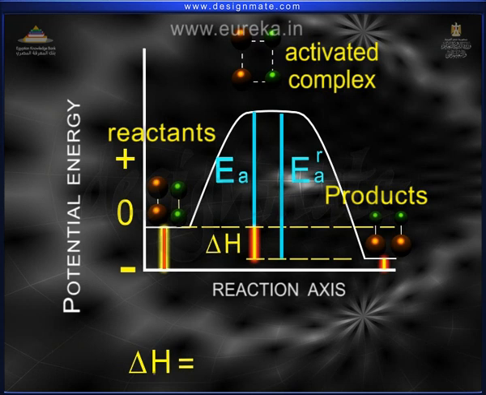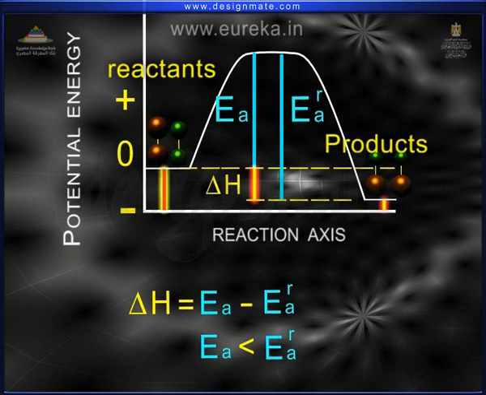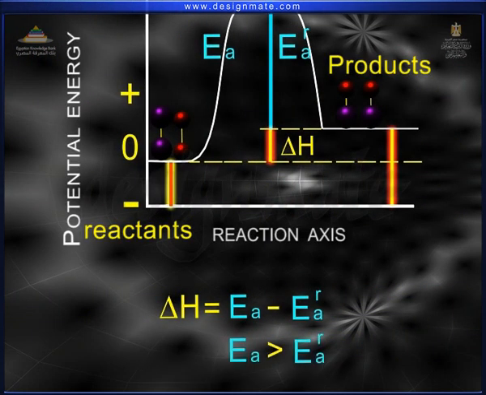Delta H is equal to EA minus ERA. If EA is less than ERA, then delta H is negative. This is an exothermic reaction. If EA is greater than ERA, then delta H is positive. This is an endothermic reaction.